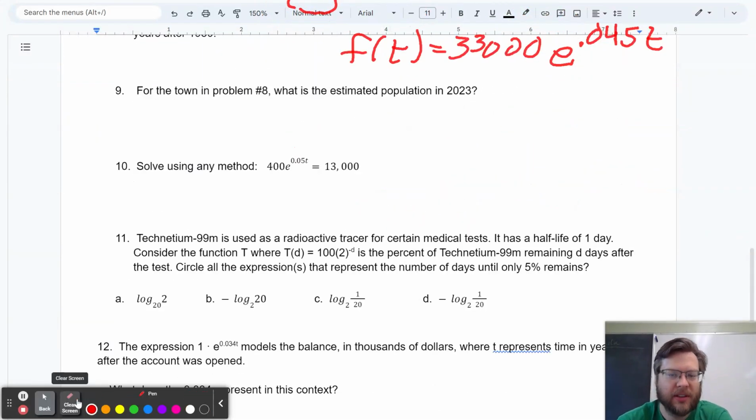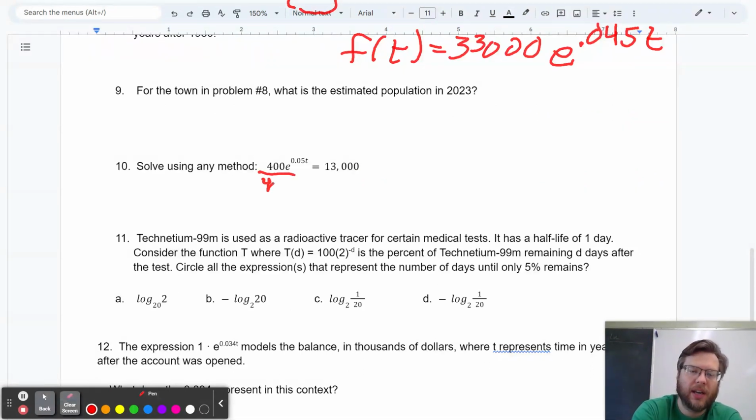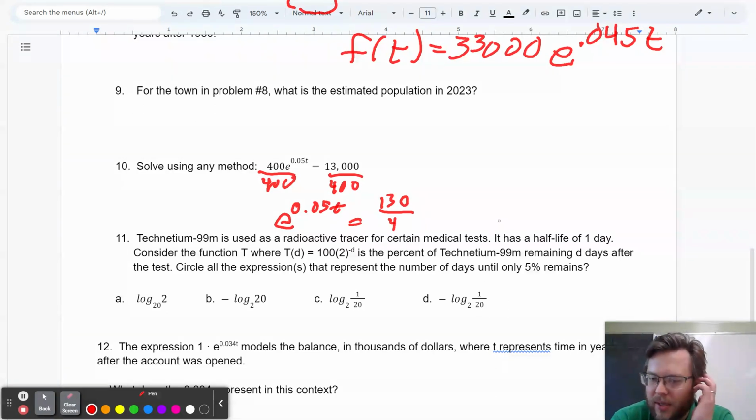Solve using any method here. You're just going to divide by 400. So e to the 0.05t equals 13,000 over 400. Then I can do the log base e of both sides.